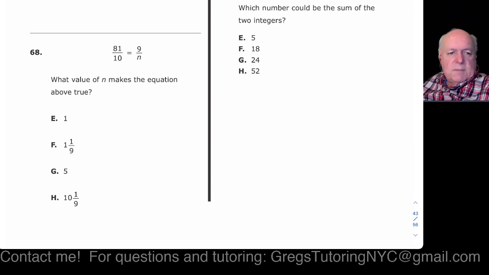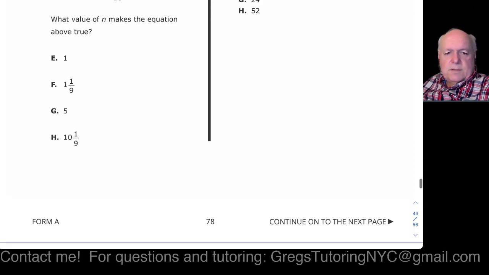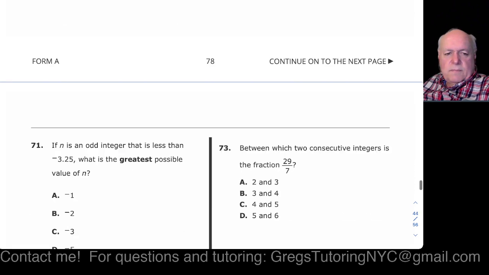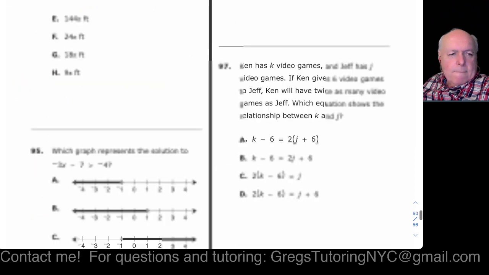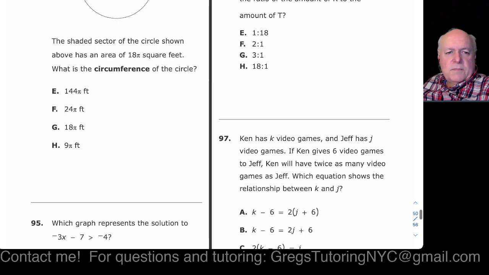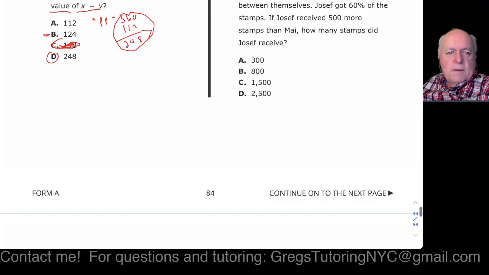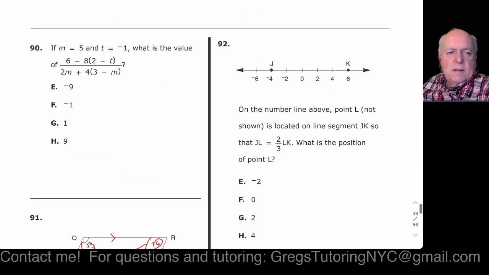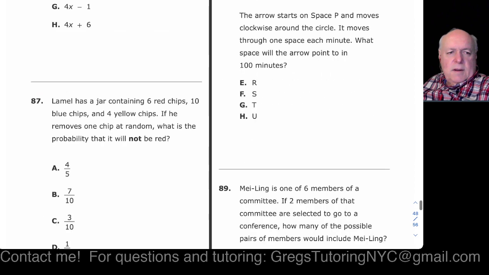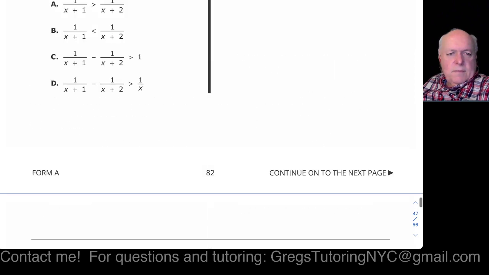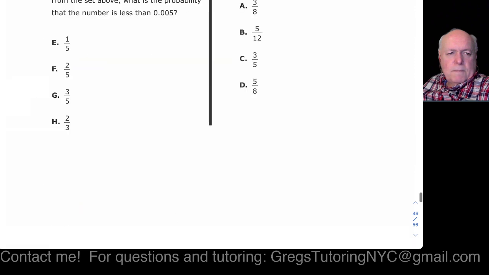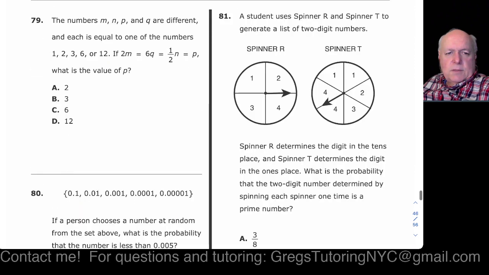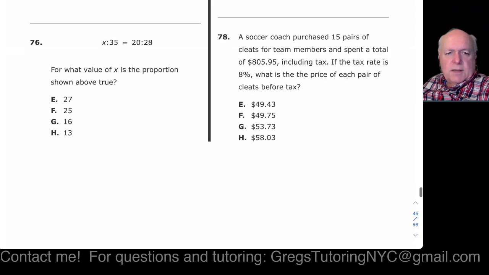Yes, 77 is a PEMDAS question, order of operations. And this will be the last one we're going to do on this group.